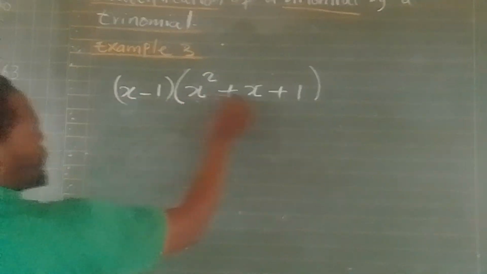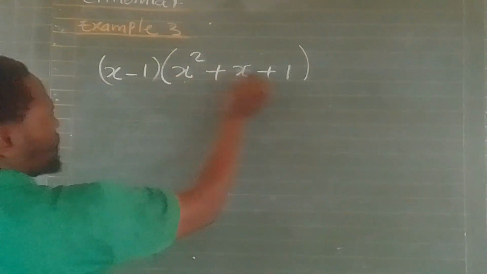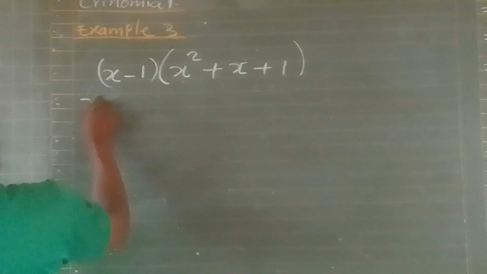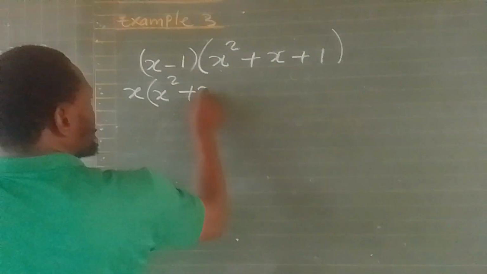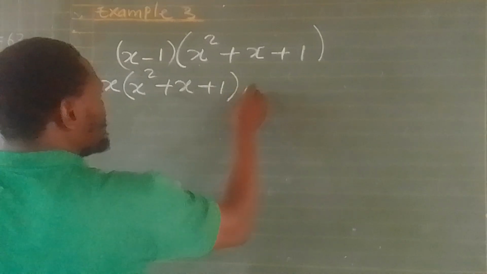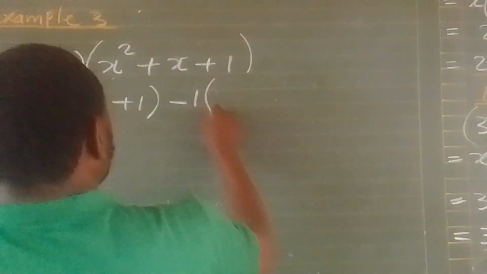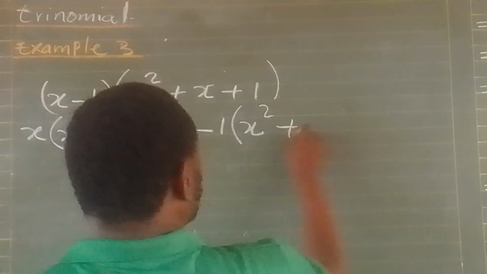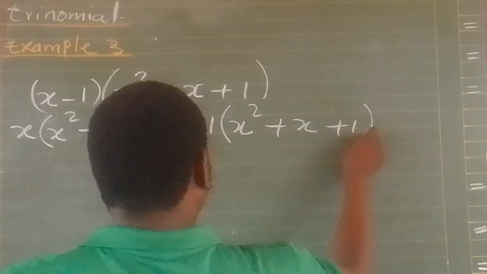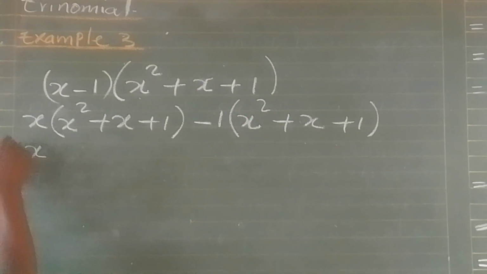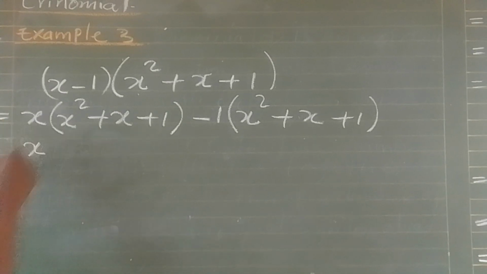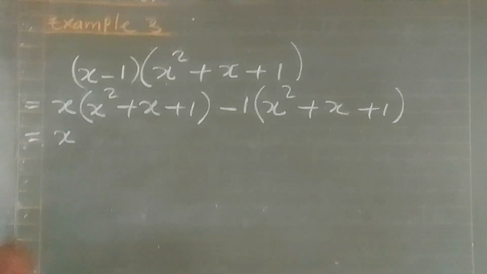You take this, you distribute it here, you take this, you distribute it here, then you arrange. X squared plus x plus 1 minus 1 times x squared plus x plus 1. Now, x times x squared, it's x cubed. Don't forget the equal signs.